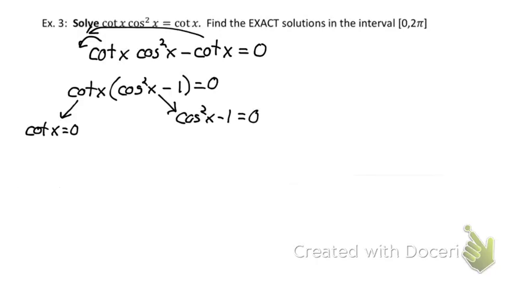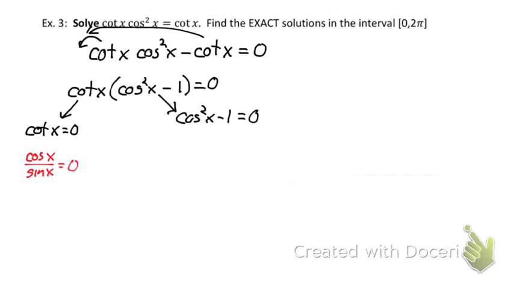The other way we can look at cotangent x, and maybe the more preferable way, is to remember that cotangent x equals cosine x over sine x. And the only way for cosine x over sine x to equal 0 is if cosine x equals 0, because if sine x equals 0, it would be undefined.